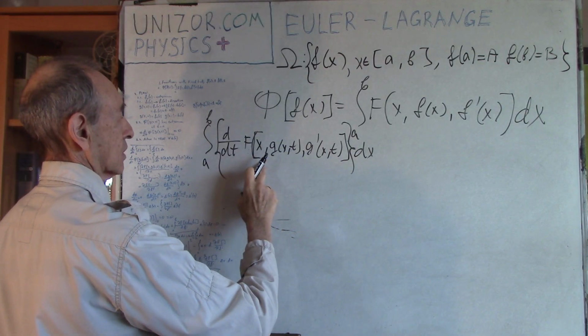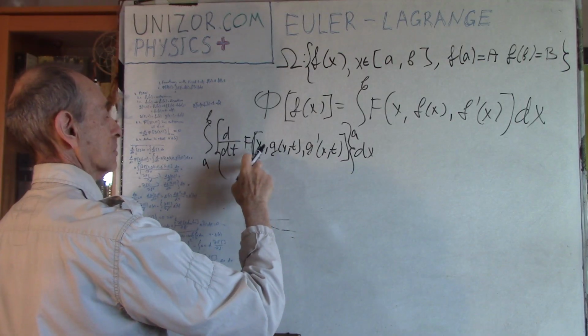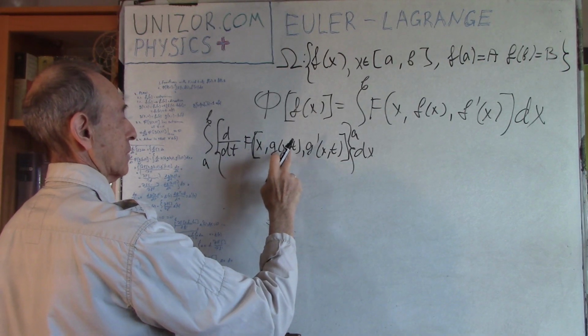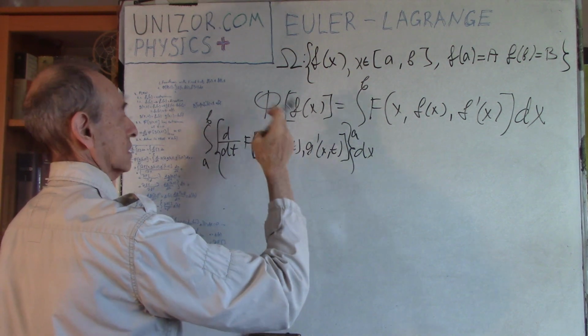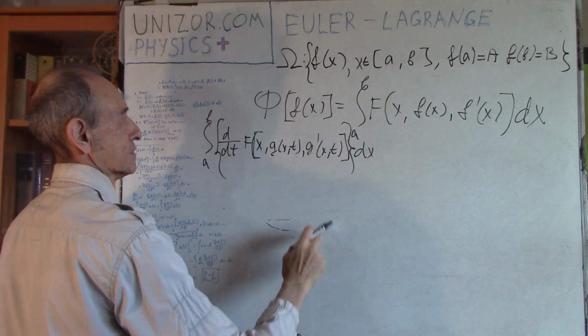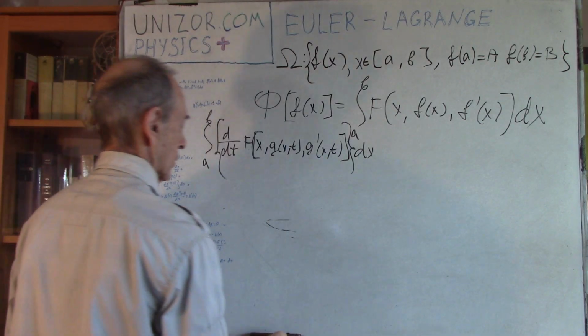Well, it's the partial derivative by the first argument times the derivative of the first argument by t, plus the partial derivative by the second argument times the derivative of the second argument by t, and the same thing with the third argument.